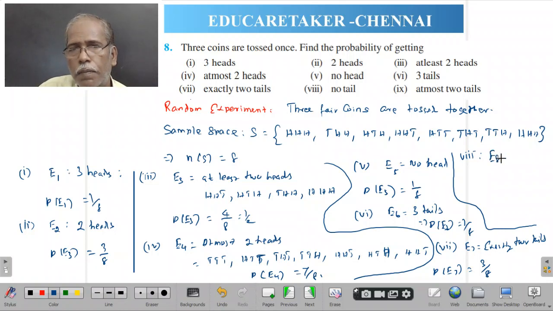E8: no tail, all three are heads, which means 1 out of 8. So P of E8 is 1 by 8. Then the ninth one, at most 2 tails.